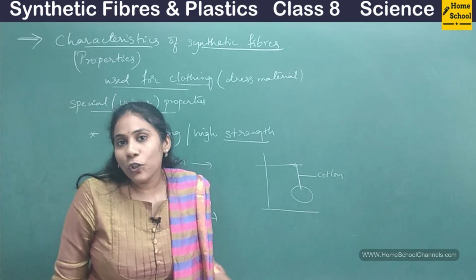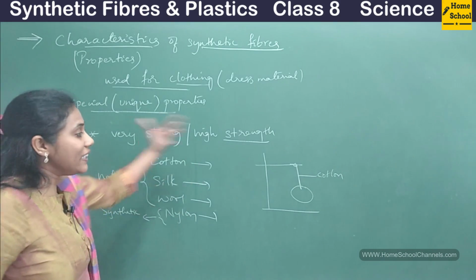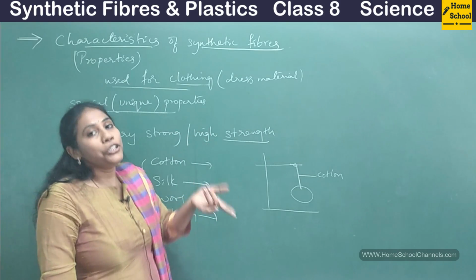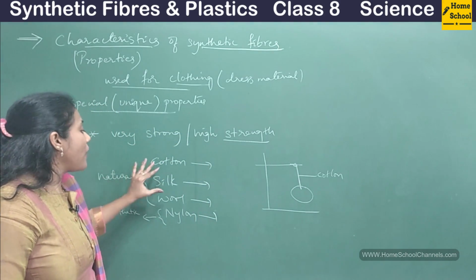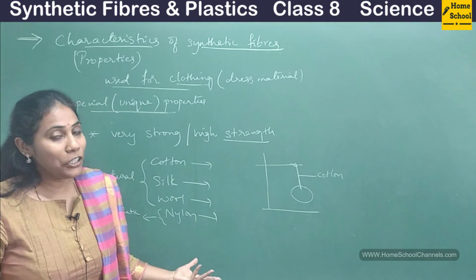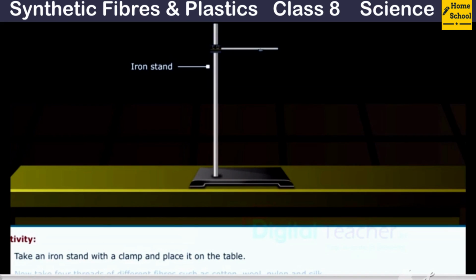All that you will understand when I show the activity. Now let's quickly go to the visual which explains the activity. After the activity, you yourself can decide which thread or fiber is stronger, or which one has more strength. Let's see the activity to check the strength of various threads.